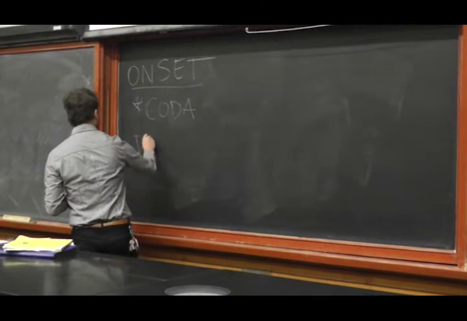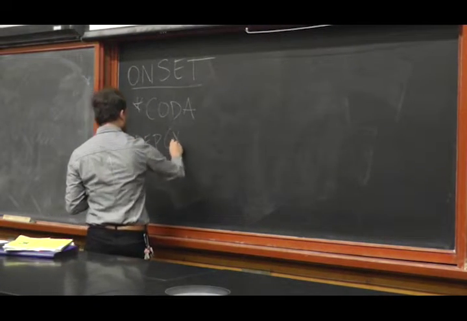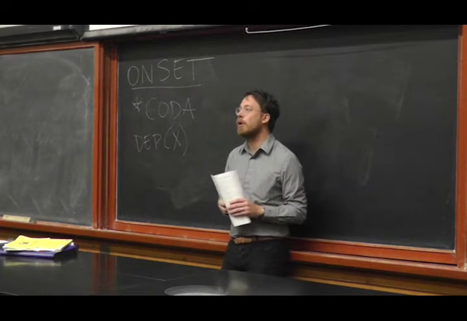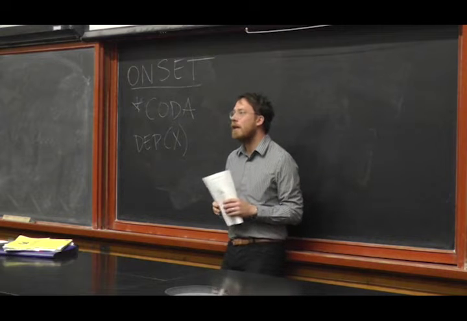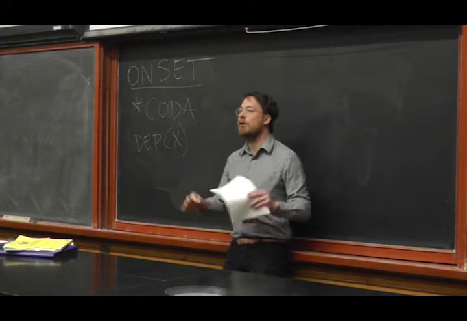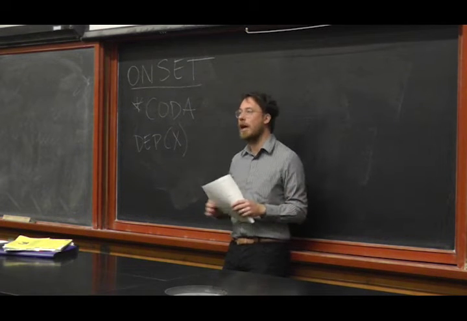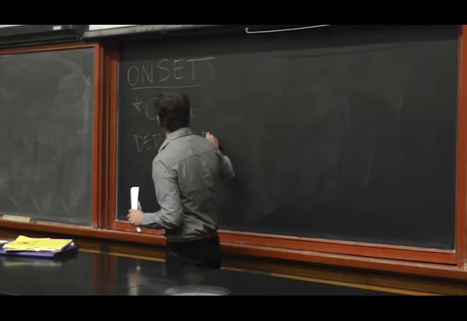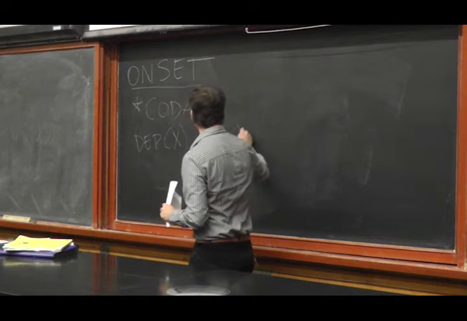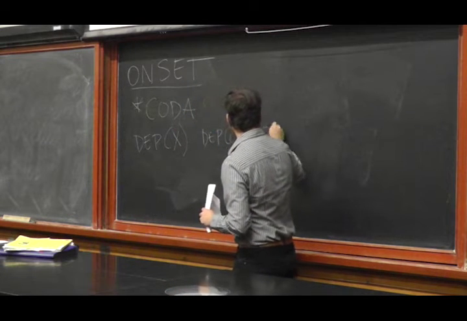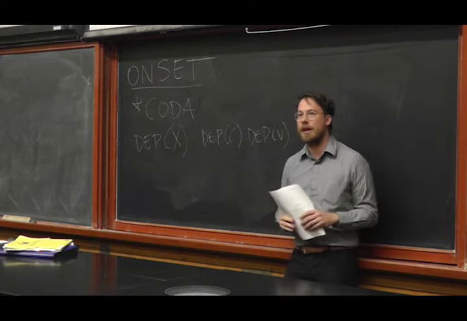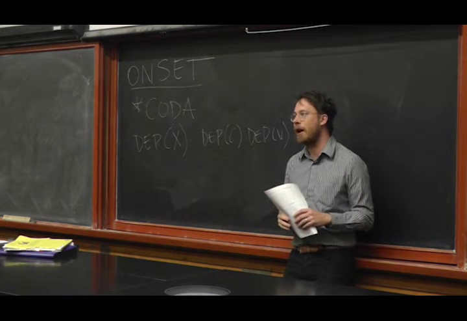Another type is these types, this DEP, which is don't epenthesize. You can think of that mnemonic. And this enforces having no insertion of segments. I put X there to say this means segment. You can have this be DEP-C, DEP-V. These are 2 separate ones. This means don't epenthesize a consonant, don't epenthesize a vowel.